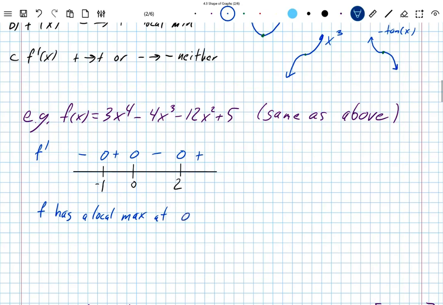Okay, and a local min at negative to positive, down to up, looks like negative 1, and negative positive looks like and 2.